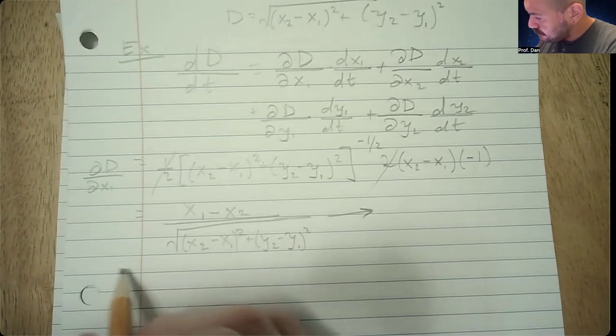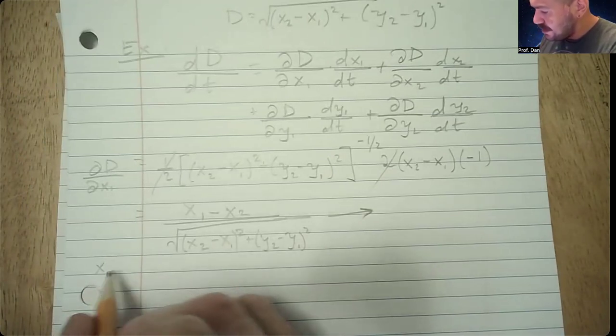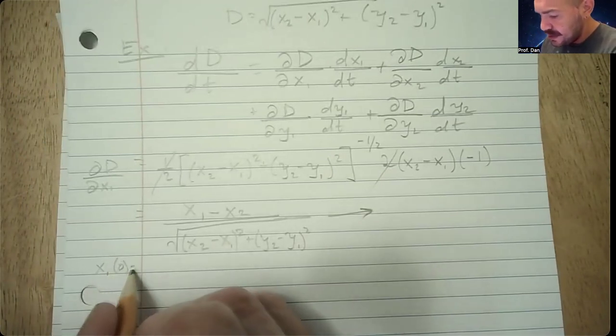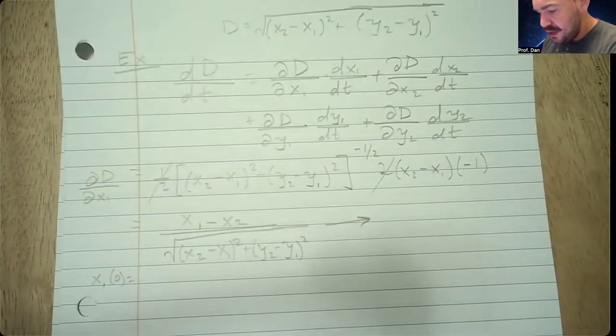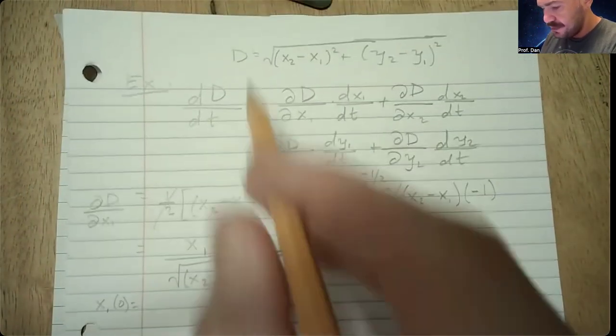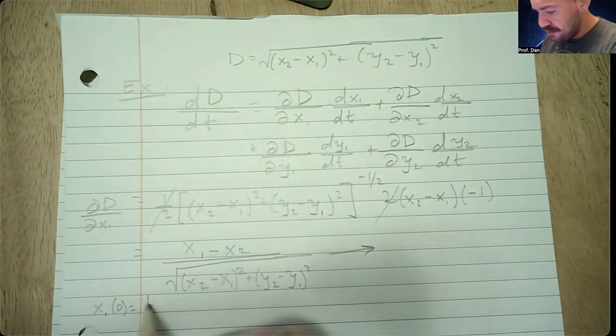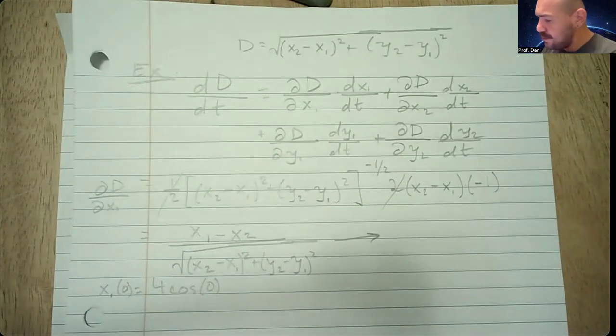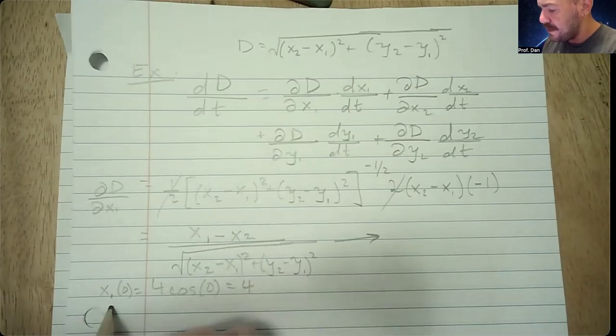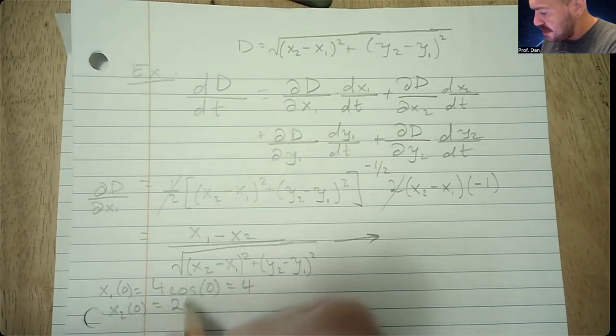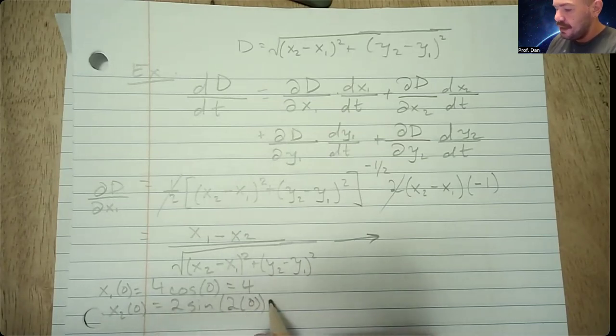So we know that when t is 0, x1 is going to be 4 cosine of 0. Cosine of 0 is 1, which means x1 is going to be 4. x2 is going to be 2 times sine of 2 times 0, which is going to be 0.